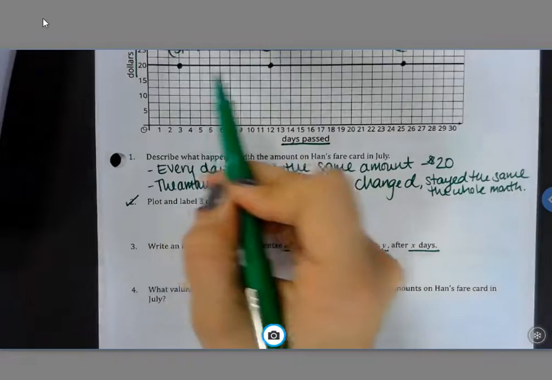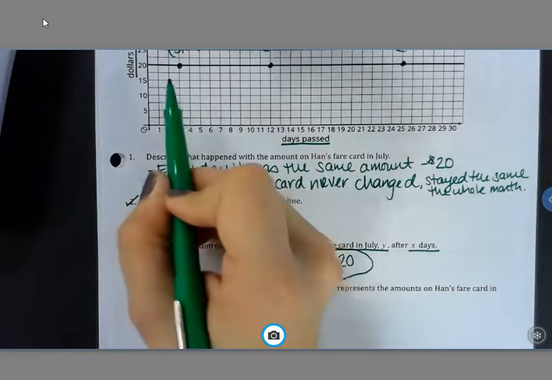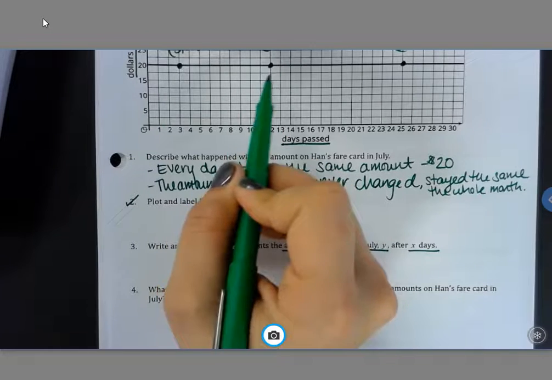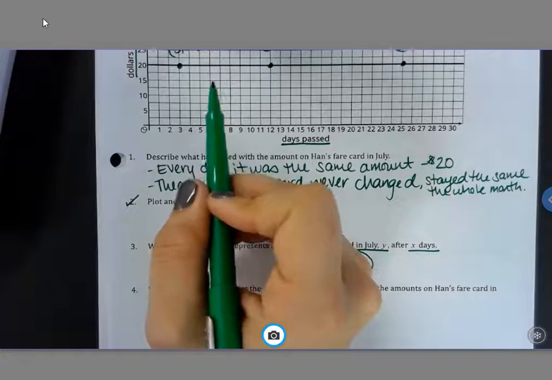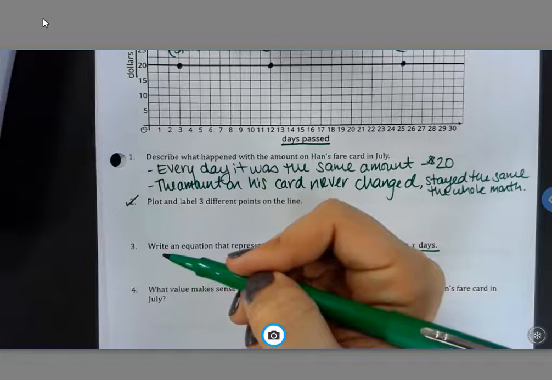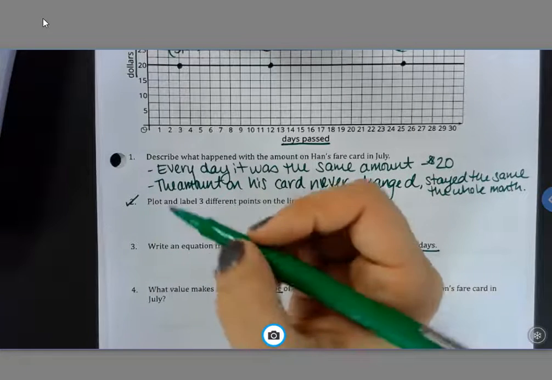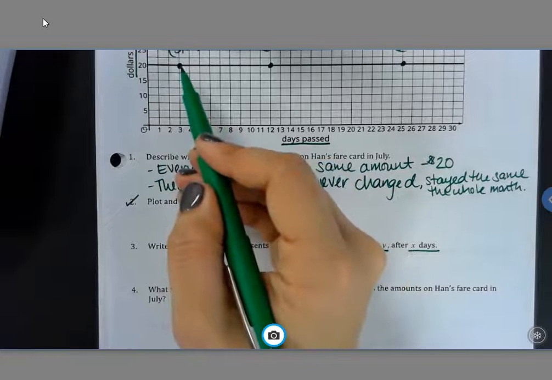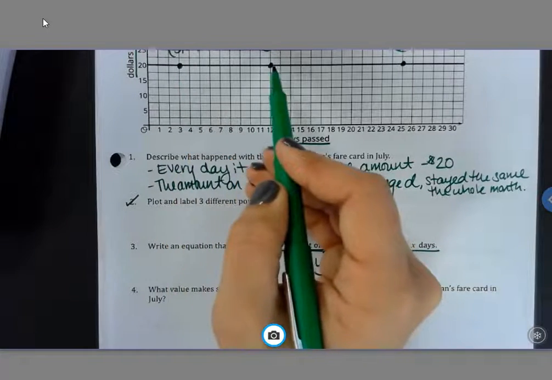Well, on here, we already have 3 points, and I'm not able to go up and over or down and over to get to that point. Remember, it's vertical change over horizontal change. So vertically, to get from here to here, it's not changing at all.